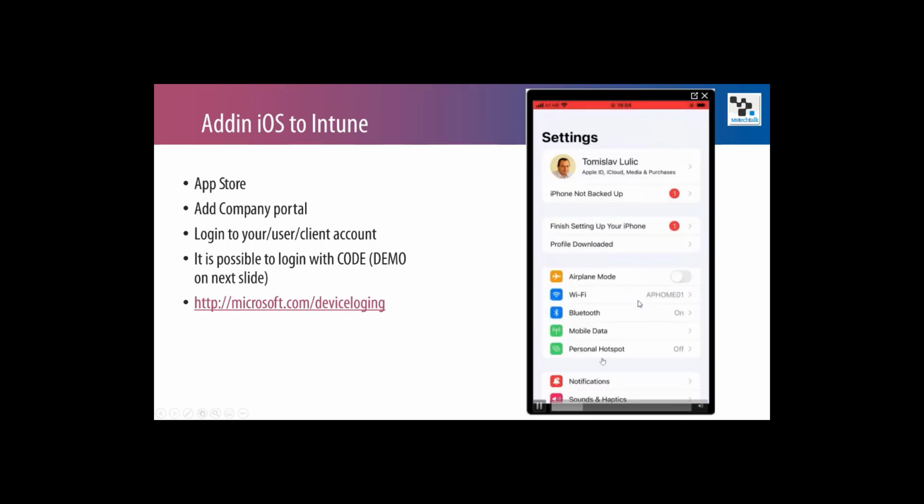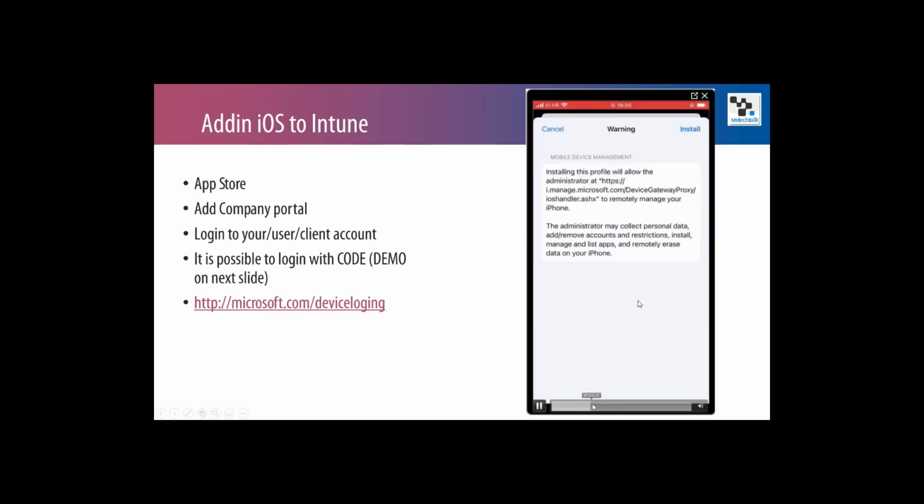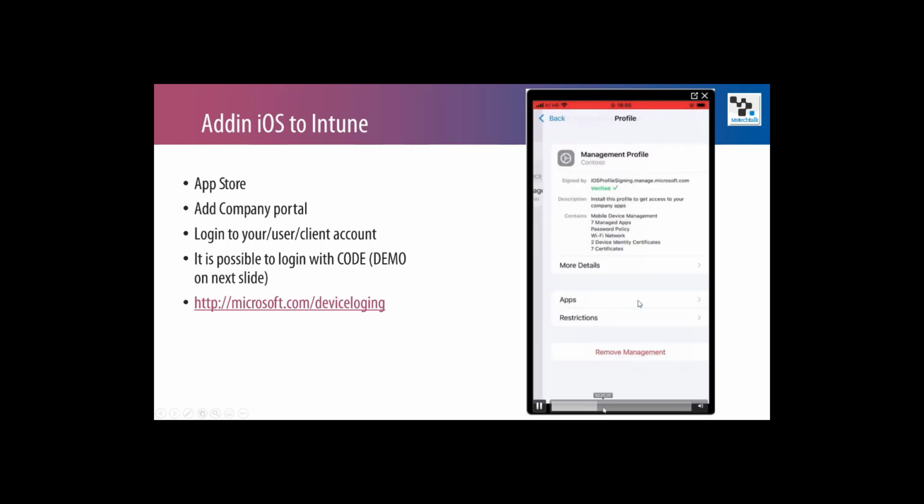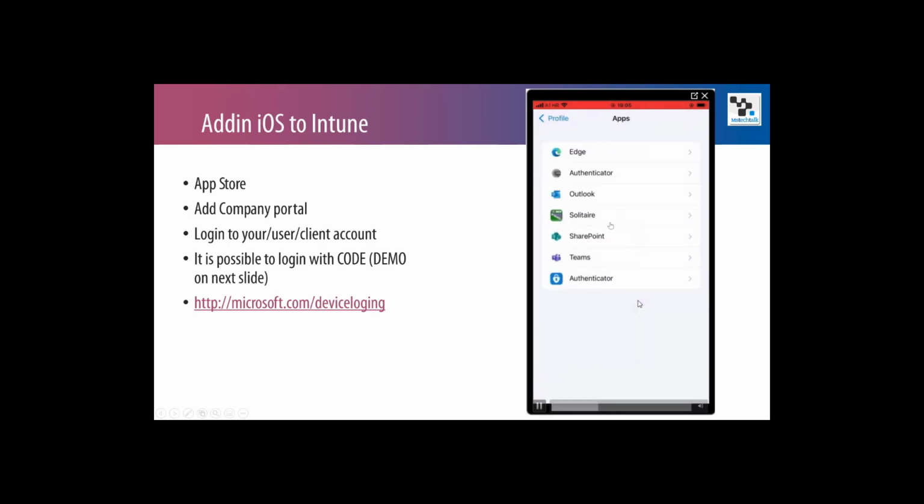Go to settings, install it, and you will find this management profile, the picture you saw before. There is also a list of applications that came with this work profile.